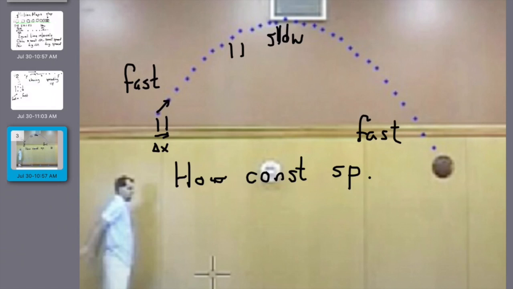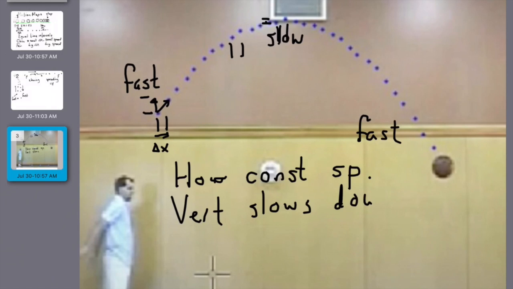Vertically, though, if we look at the delta y there, that's pretty big. Up at the top, it's almost nothing. Barely moves up at all. So vertically, it slows down and then speeds up in the other direction. Slows down in the positive direction, or the up direction, speeds up in the down direction.